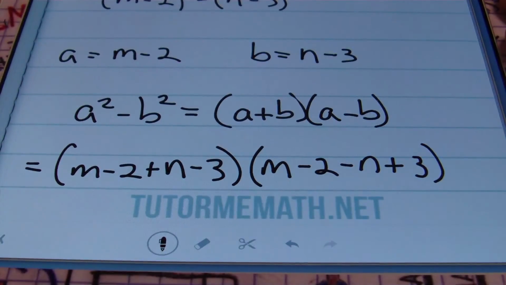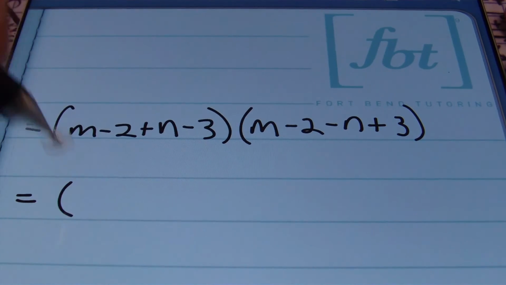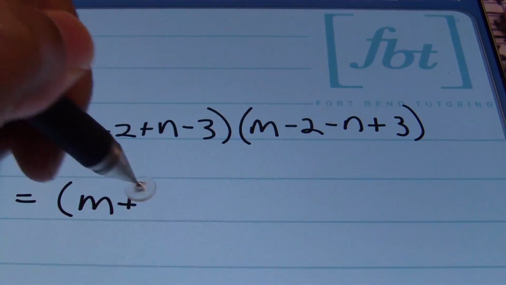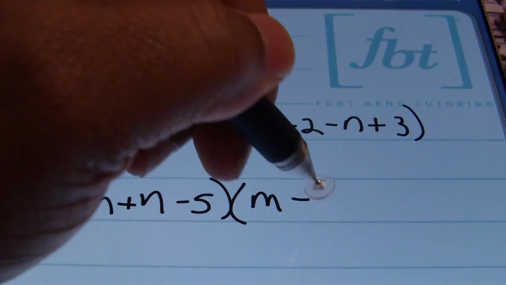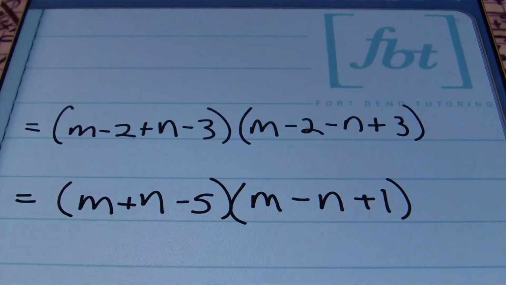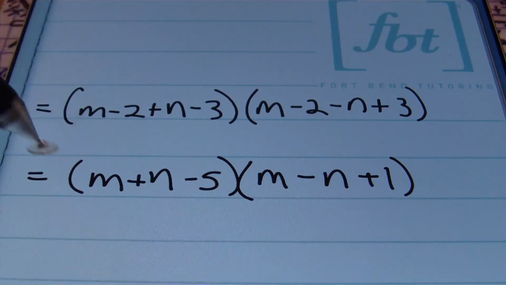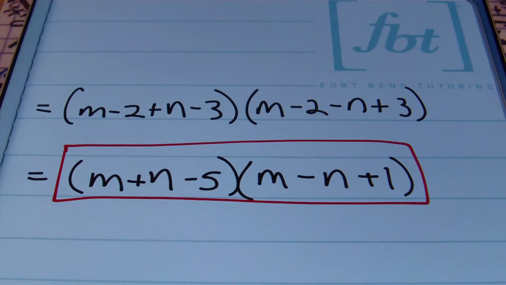Once you have this, go ahead and combine any like terms that you may find inside of the parentheses. All right, combining your like terms, you have an answer that reads (m plus n minus 5) times (m minus n plus 1), and that's going to be the answer to problem number 7. Let's go ahead and box it up. Just like that. All right, on to our last problem.